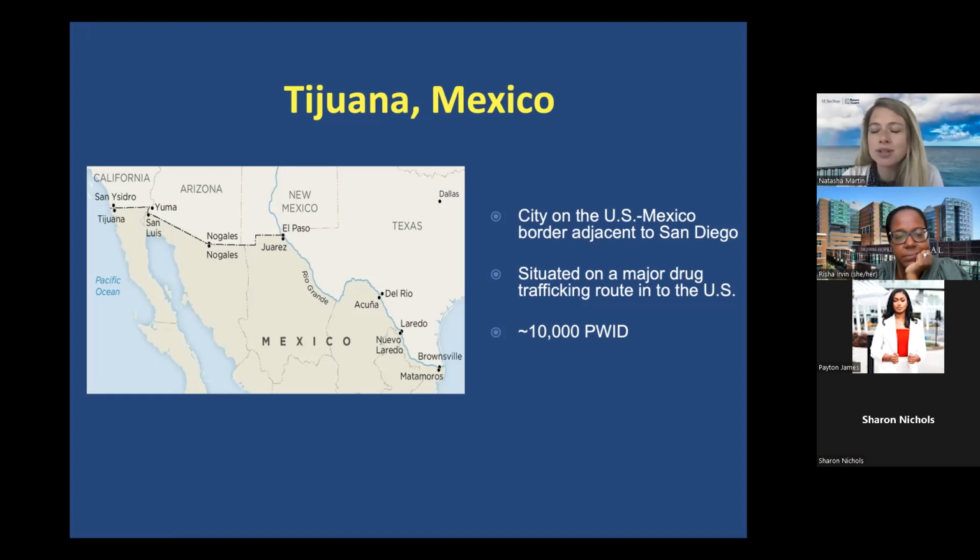It's a very important port of entry of drugs. And there are about 10,000 people who inject drugs who live in Tijuana. About 80 to 90% of them are infected with hepatitis C, and about 5% of them are infected with HIV, although it has one of the highest incidence rates that we see in global populations.